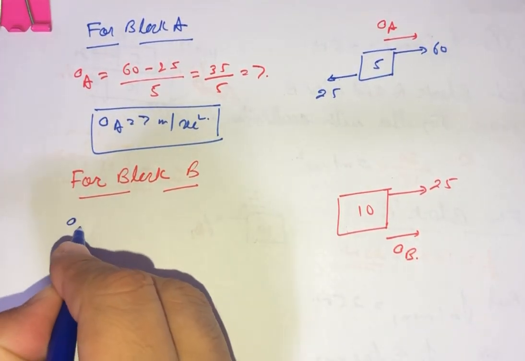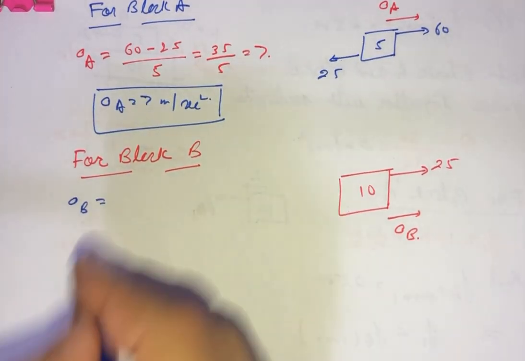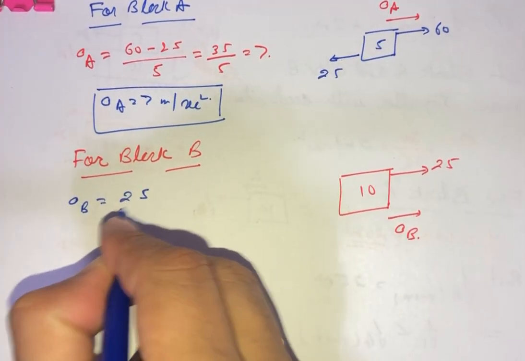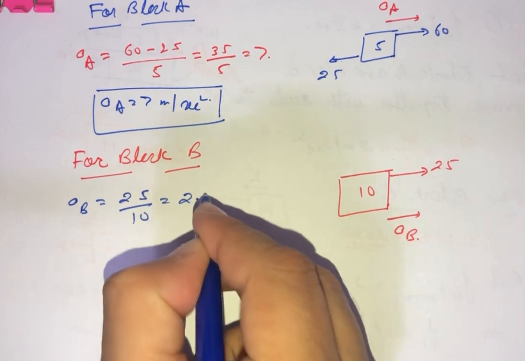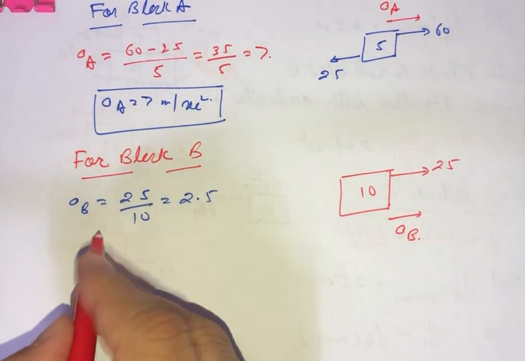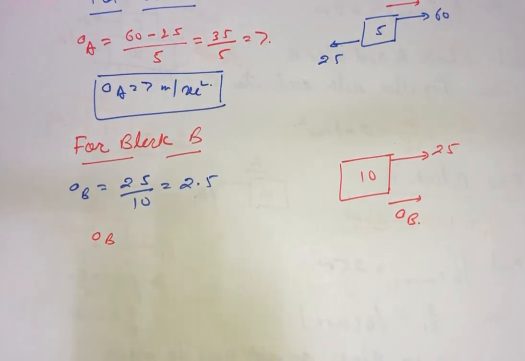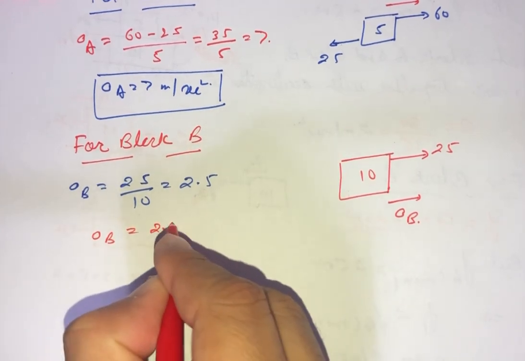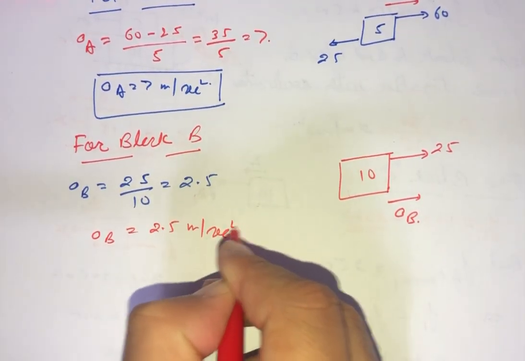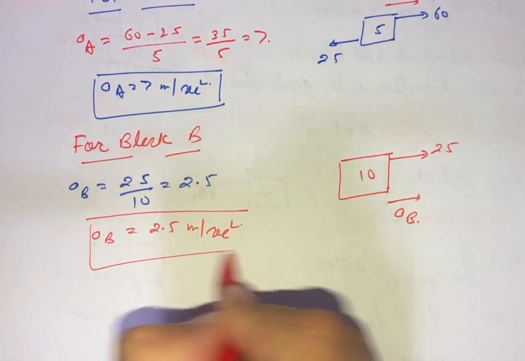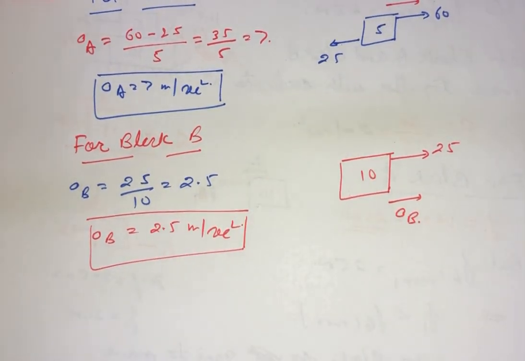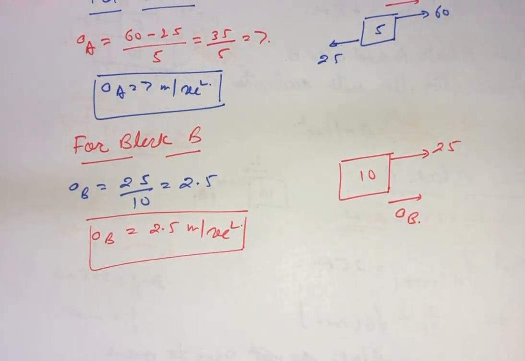We can see that AB will be equal to 25 divided by 10, that is 2.5. So acceleration of block B will be equal to 2.5 meter per second square. So this is all the three parts.